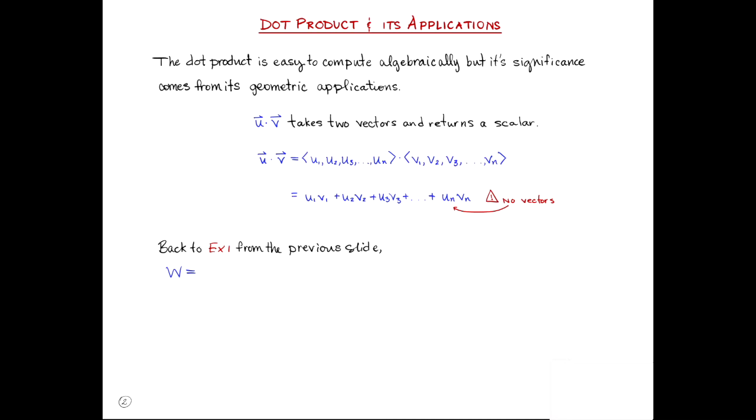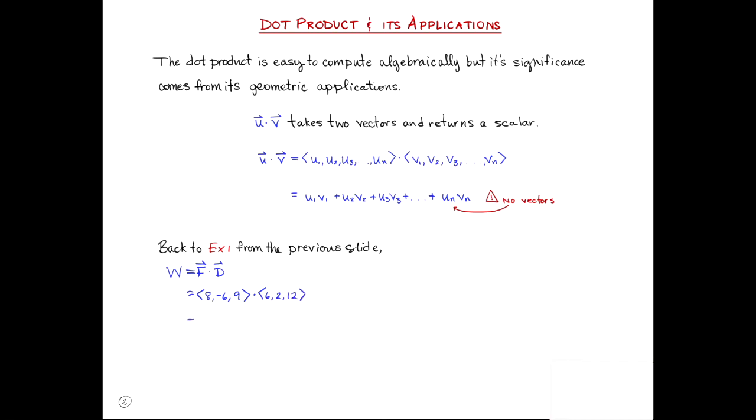From our previous example, we have work is equal to the dot product of our force vector and our displacement vector. Our force vector from the previous page was (8, -6, 9), and we found our displacement vector to be (6, 2, 12).